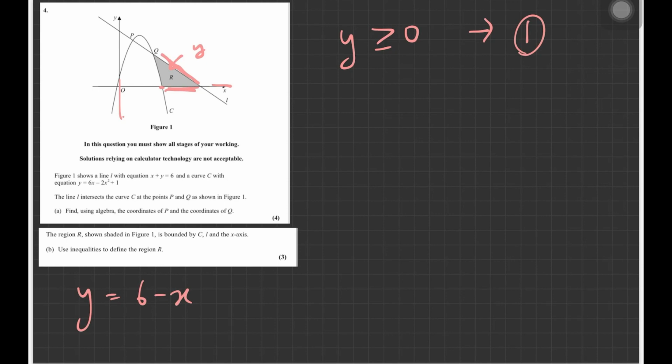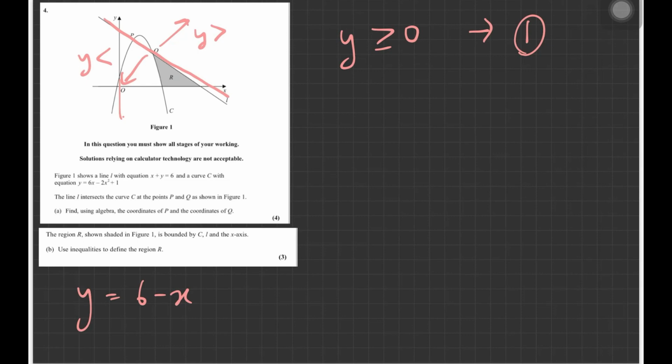Now, when you know this y equation, and when we look at this line, anything that is below this line is lesser than it, so lesser than y. Anything that is above this line will be greater than y. Anything below here will be lesser than y. So less than y and greater than y.